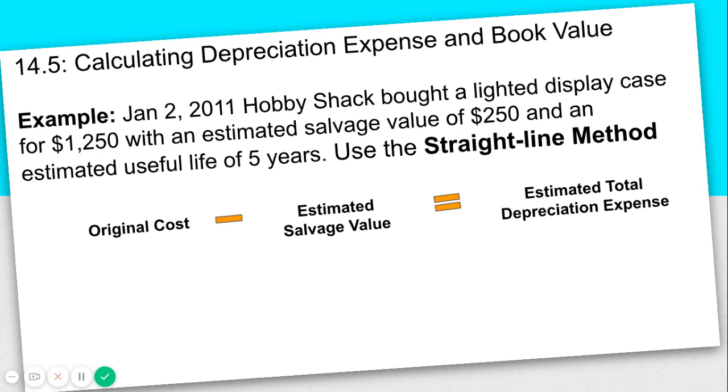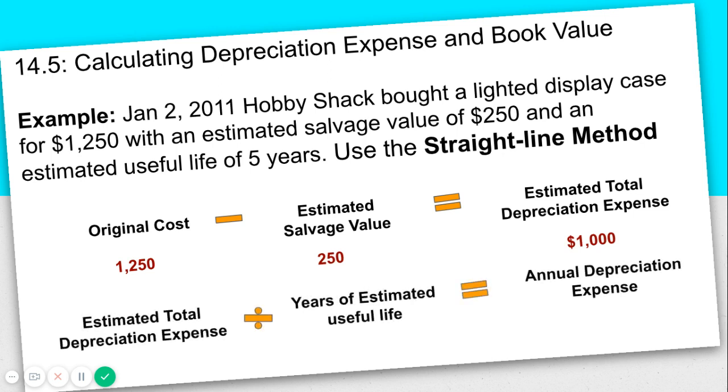Our original cost is $1,250 minus estimated salvage value, which is $250, which gives us $1,000. Then we take the $1,000 divided by the useful life, which is 5, which gives us $200 for each year. So this is $200 for year 1.